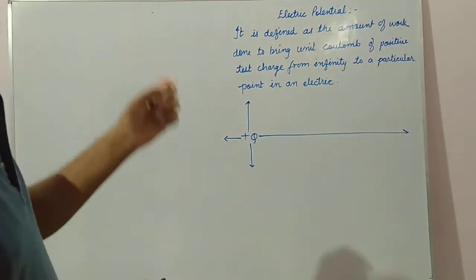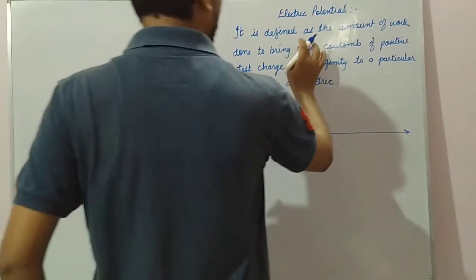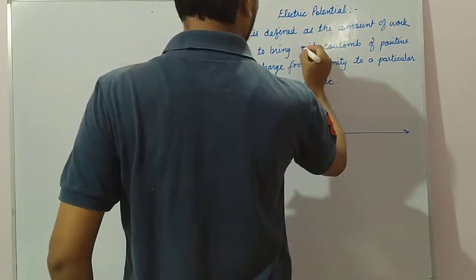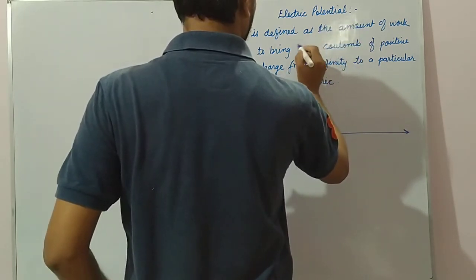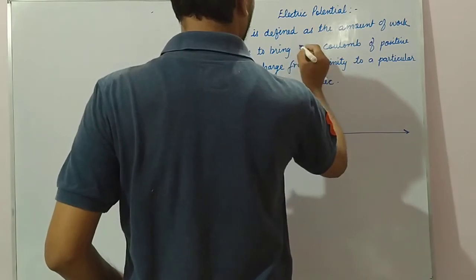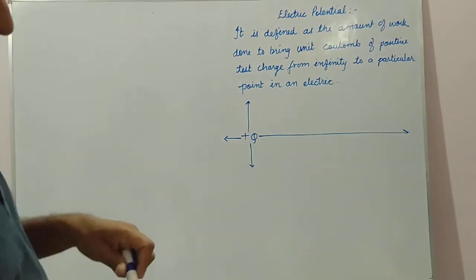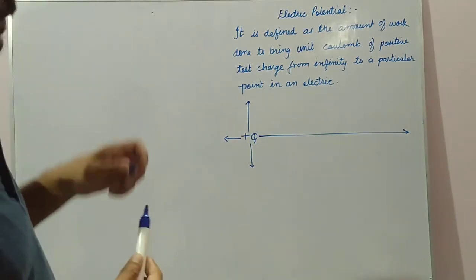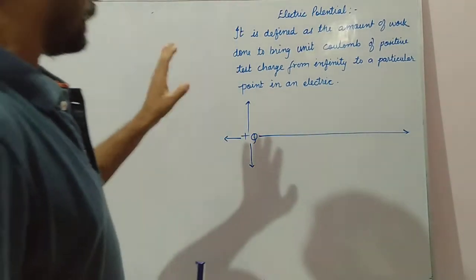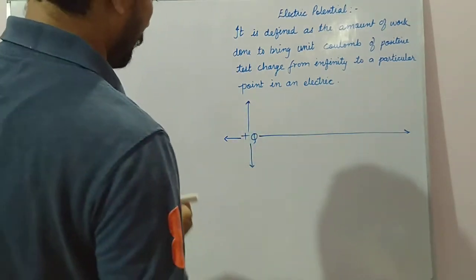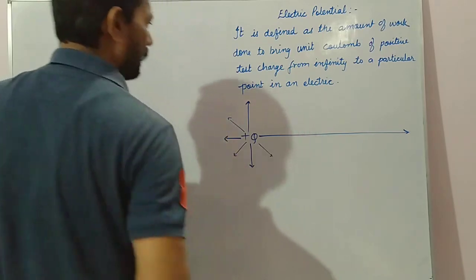Now, electric potential is defined as the amount of work done to bring unit coulomb of positive charge from infinity to a particular point in an electric field. This is the source charge, plus Q charge, due to which there is electric field in all possible directions.